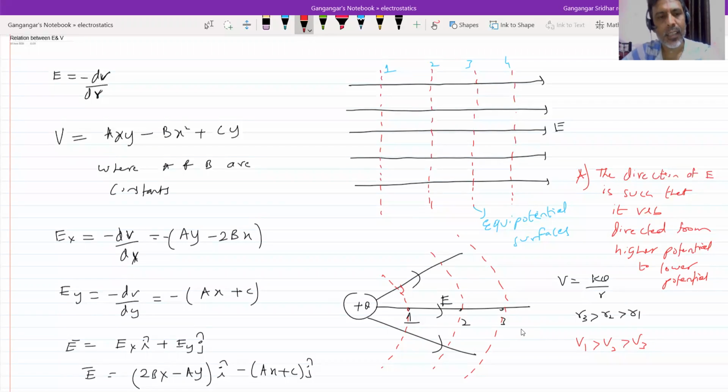Next, another thing: the direction of E bar is such that it will always be directed normal to the equipotential surface. That I already discussed in the previous class.